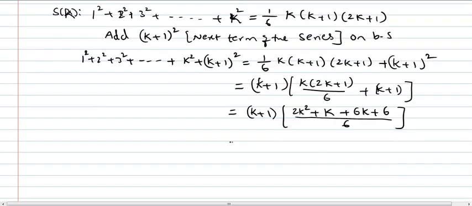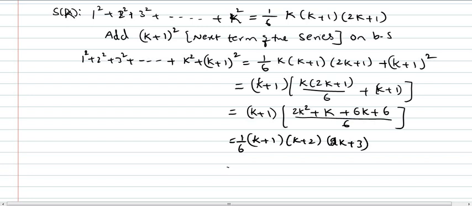Next step, equal to k plus 1 into, 1 by 6 I can write as common, then k plus 2 into 2k plus 3. So this is the simplified form.